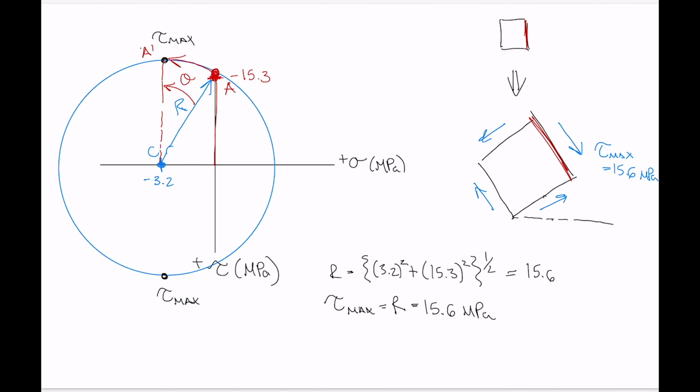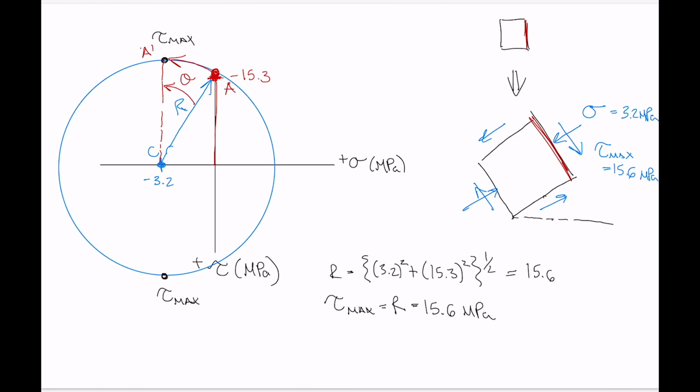So the normal stress that exists on this right-hand side is given by the x-coordinate that exists at point A prime. So that's minus 3.2. So we know that minus 3.2 is a compressive stress. So we know here that we've got a stress that is 3.2 megapascals, and it's a compressive stress.